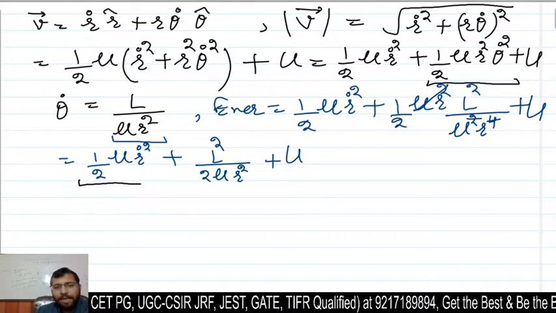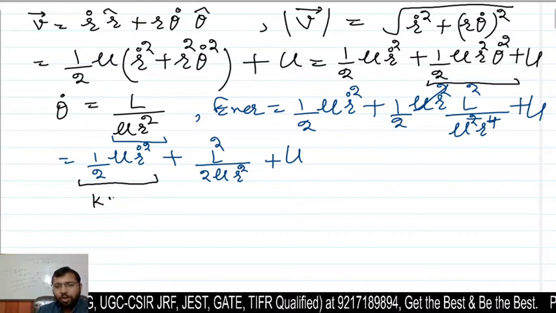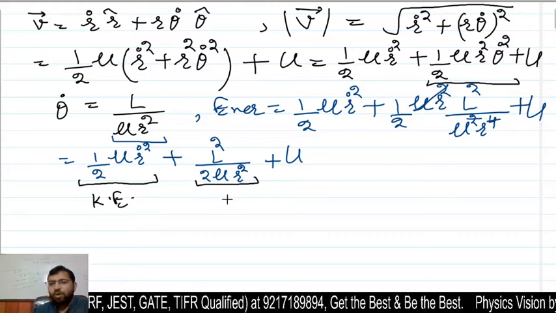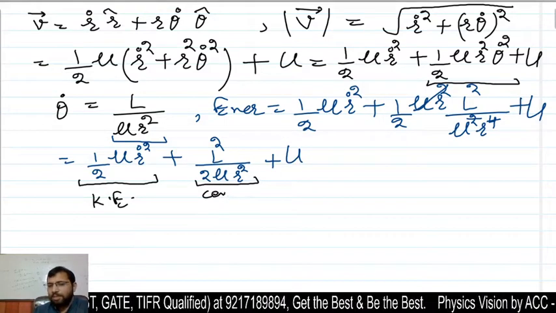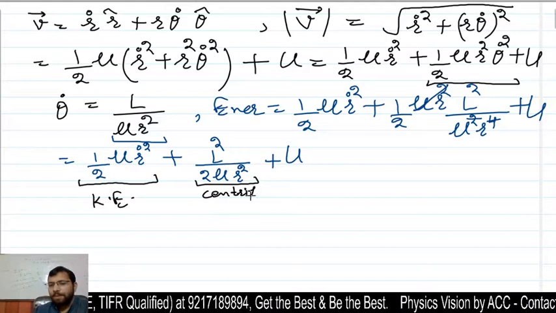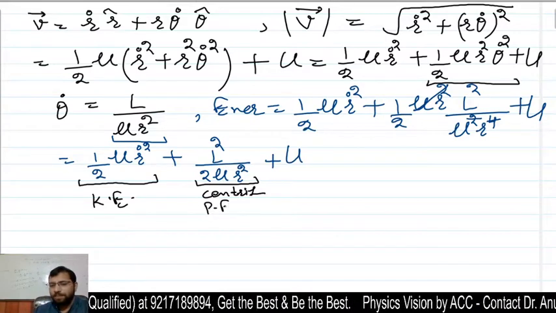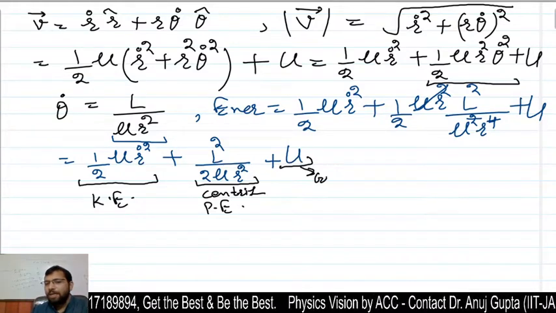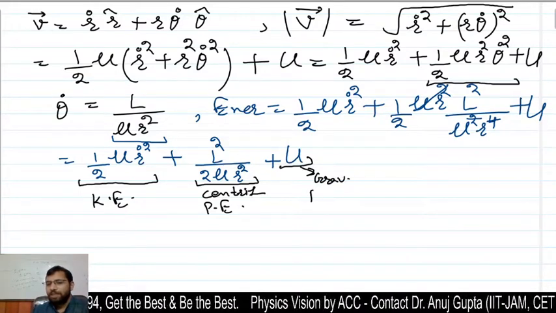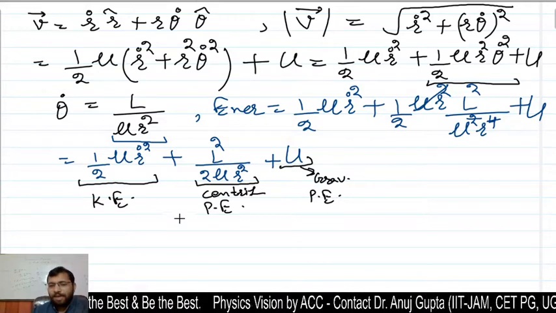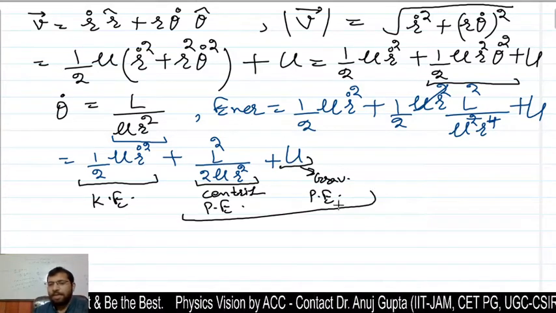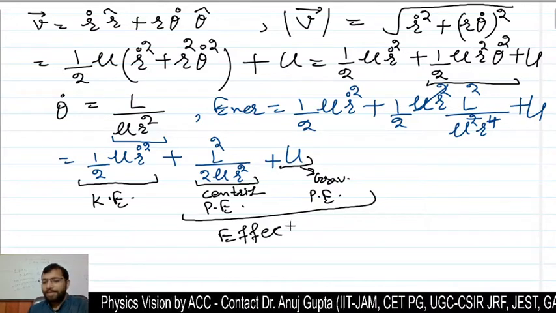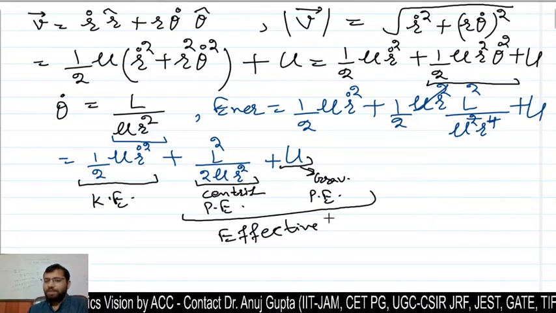This is called kinetic energy term, total energy में this is called kinetic energy term. This is due to rotational motion, it is called centrifugal potential energy. Okay, and this is the gravitational potential energy, and the sum of these two terms is called effective potential energy.